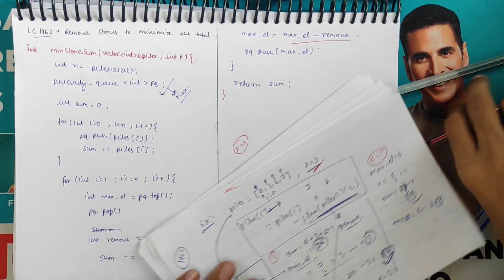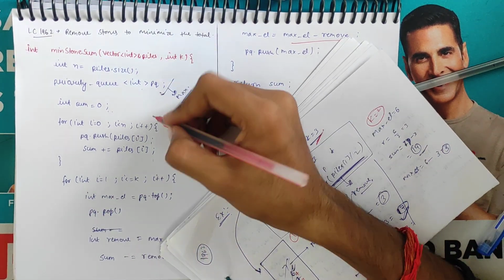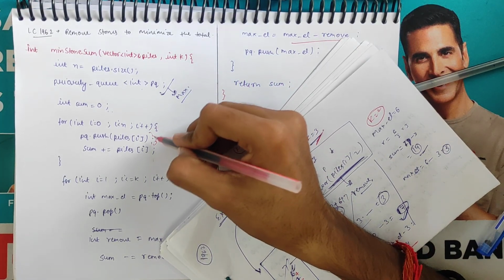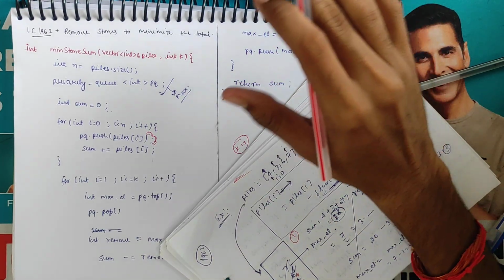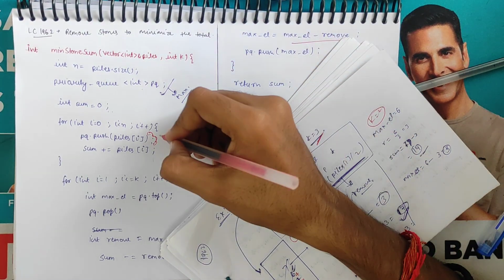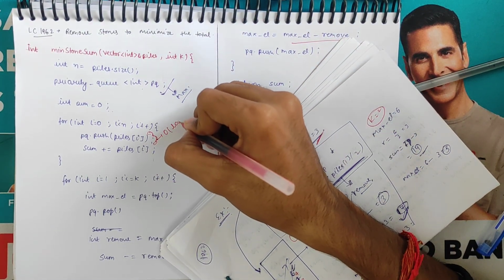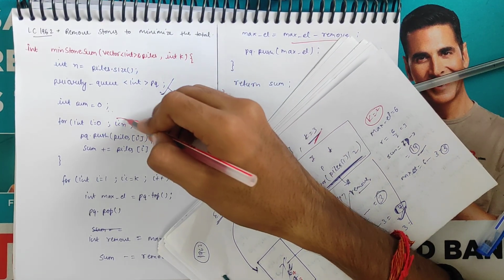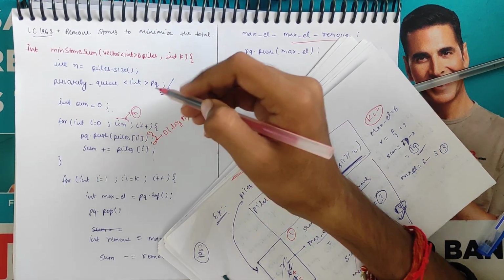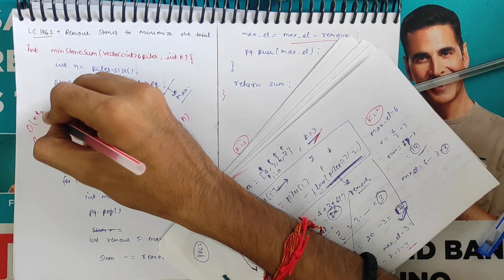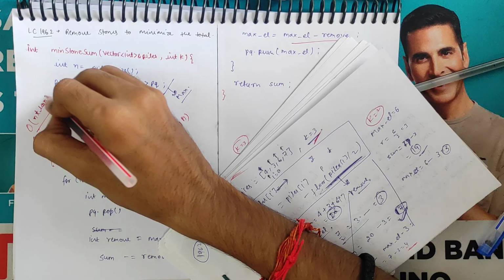To push any element into the heap data structure or to pop any element from the heap data structure, it requires big O of log n, and we are doing it n times. So for this loop, the time complexity is big O of n log n, right?